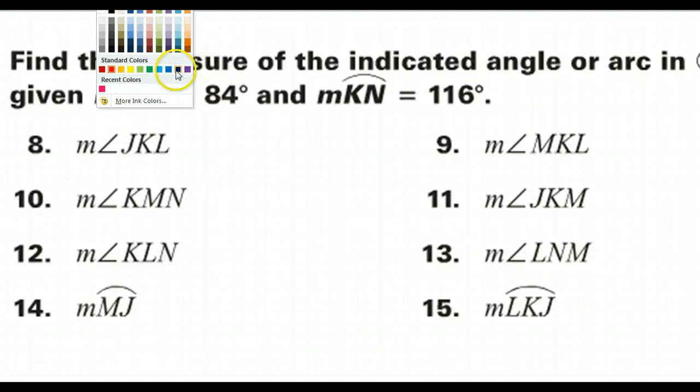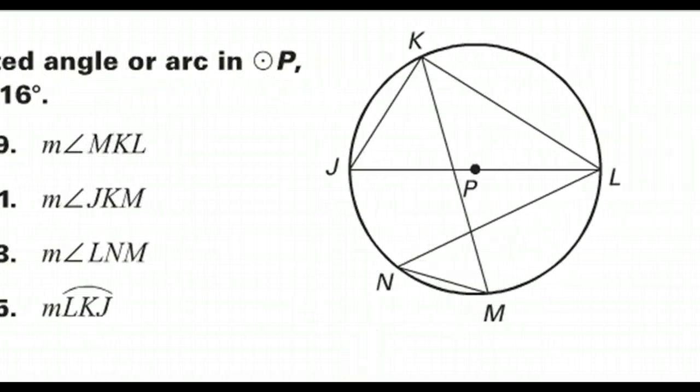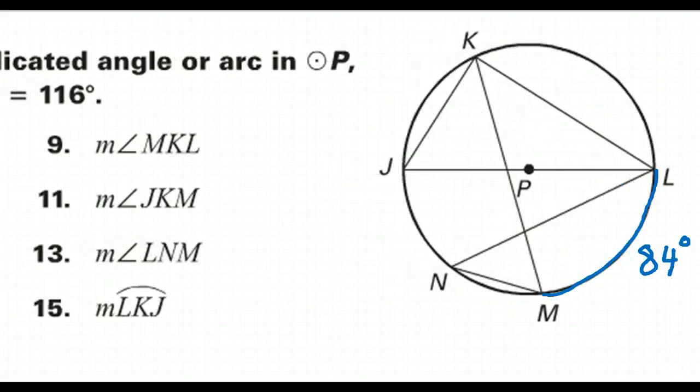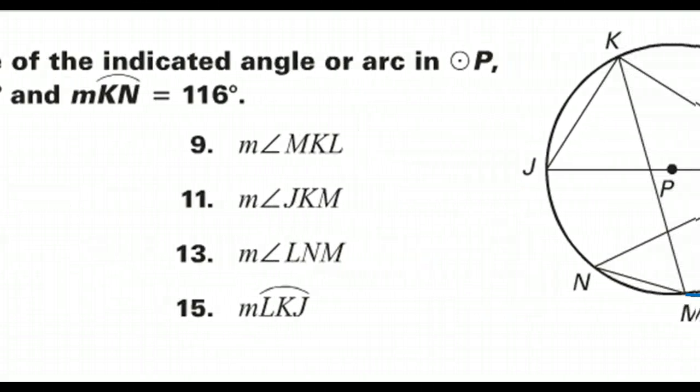Let me mark some of this stuff in blue. Okay, arc LM is 84 degrees, so let's mark that. We're given that this right here is 84 degrees. And we're also given that arc KN is 116 degrees.